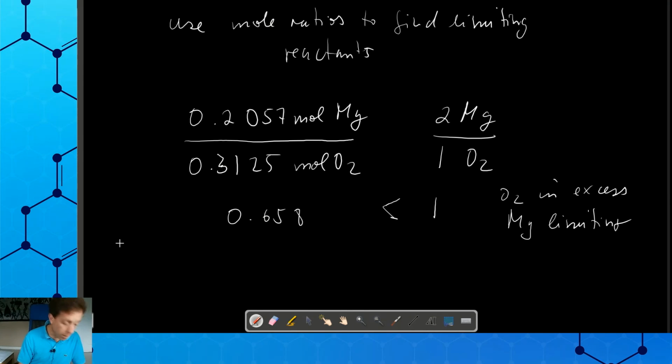So in general, we were just looking at the mole ratios from the stoichiometry.